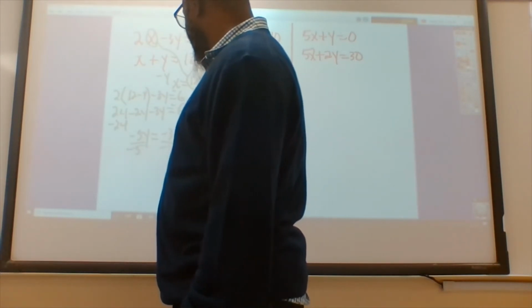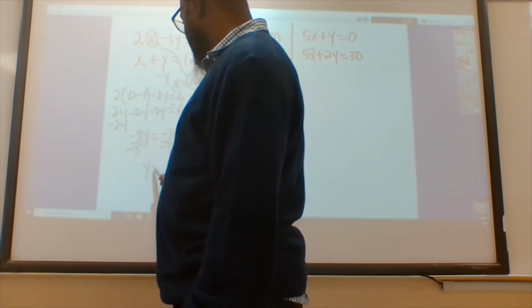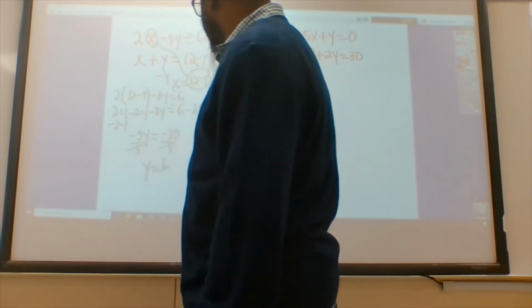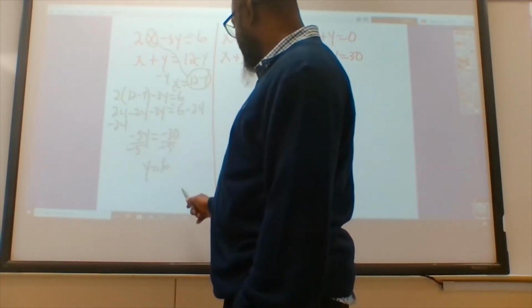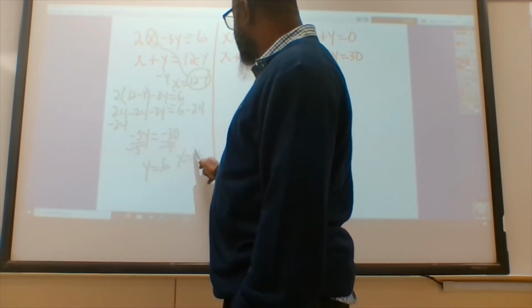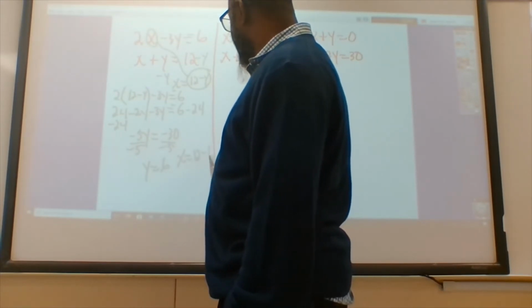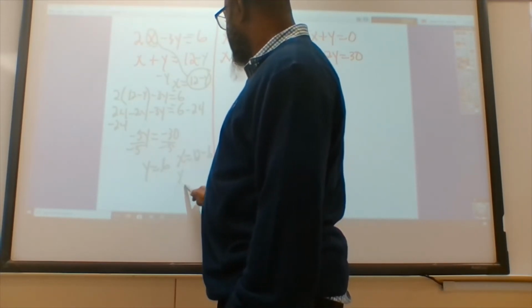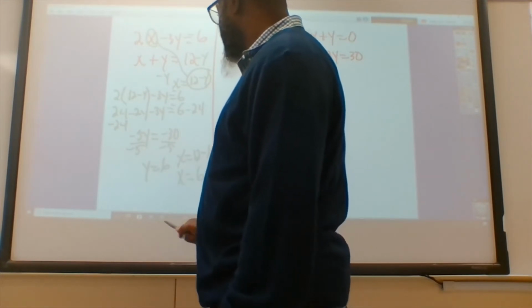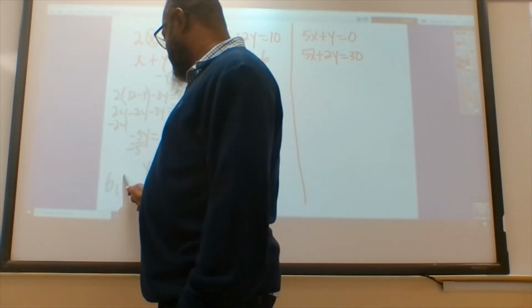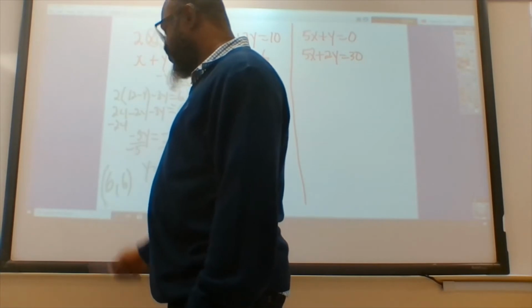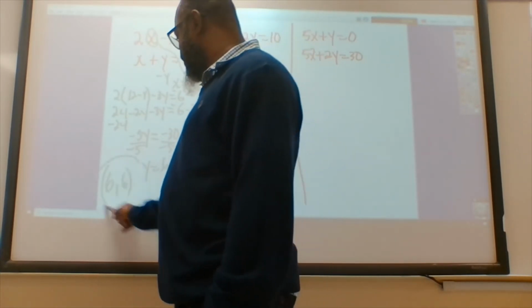In this case, y is 6. Since you know the value of y, you can come and replace it here, where it says x is equal to 12 minus 6. In this case, x is 6. The solution would be (6, 6). This is the solution that will satisfy both lines.